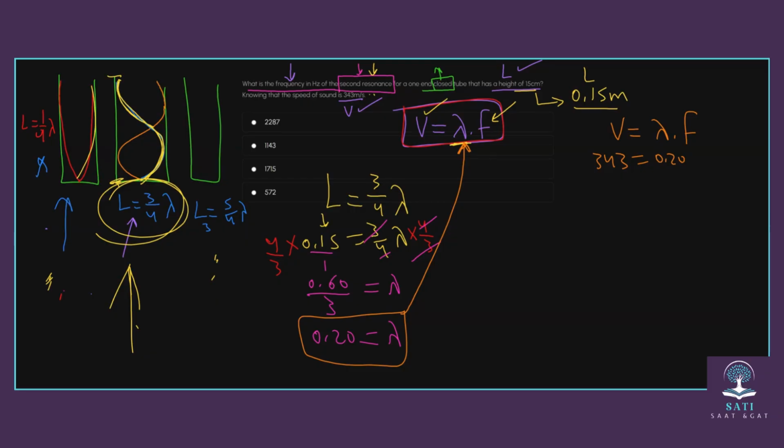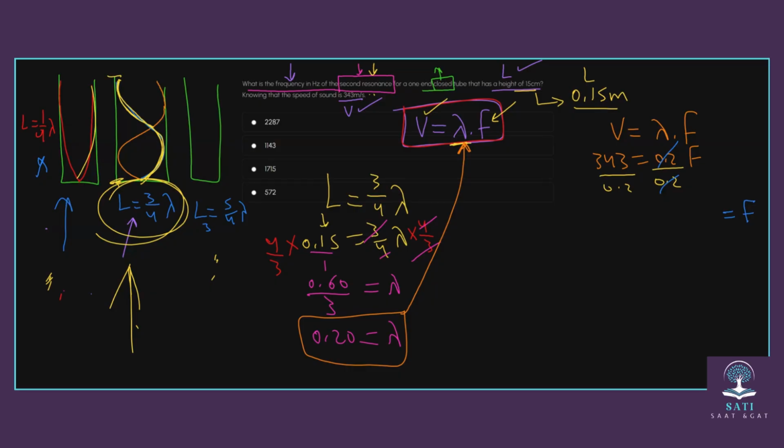So 343 equals 0.2 times f. How can we find f? We divide both sides by 0.2 to get rid of it. What is left is the frequency equals 343 over 0.2.